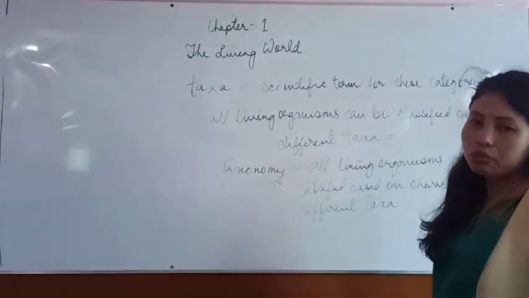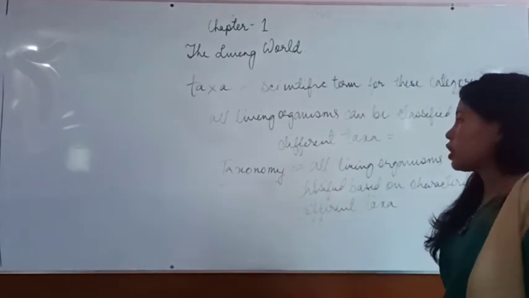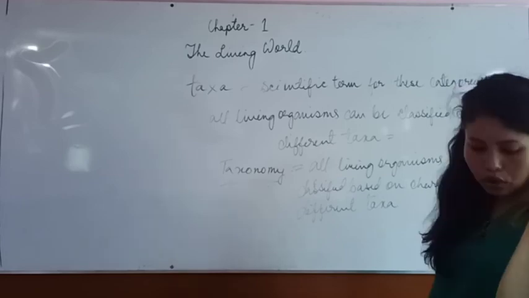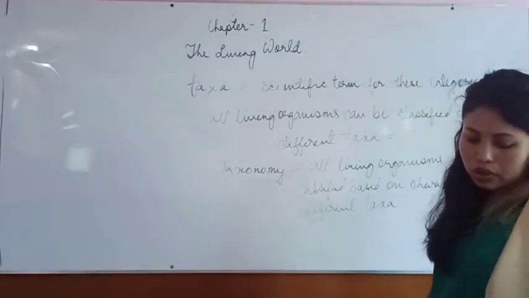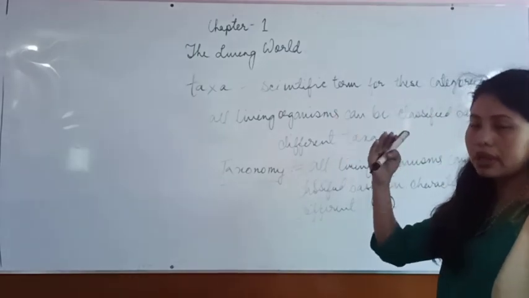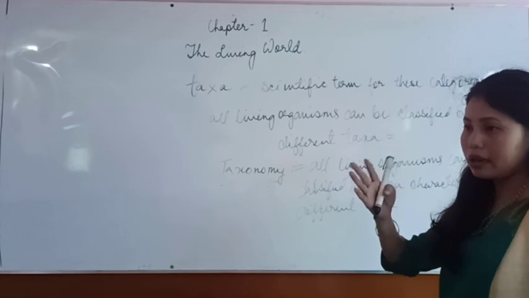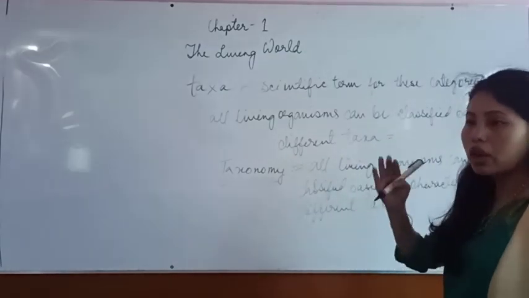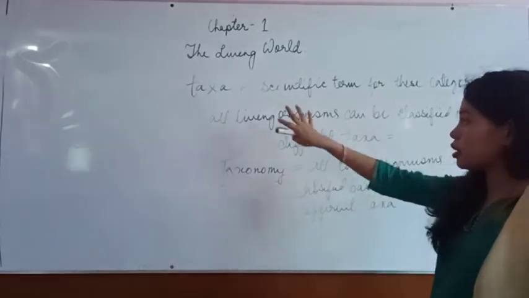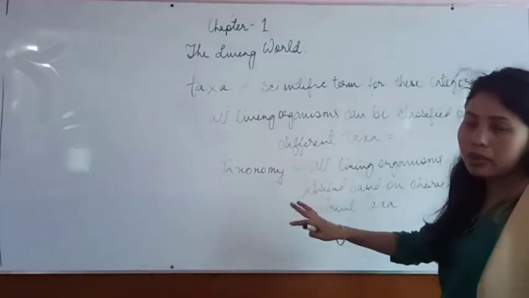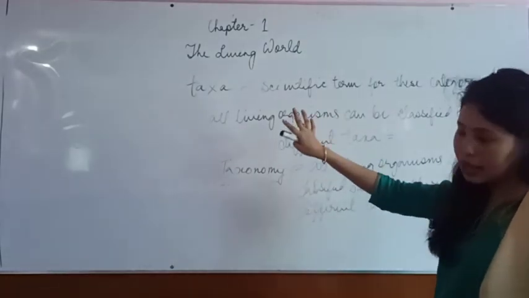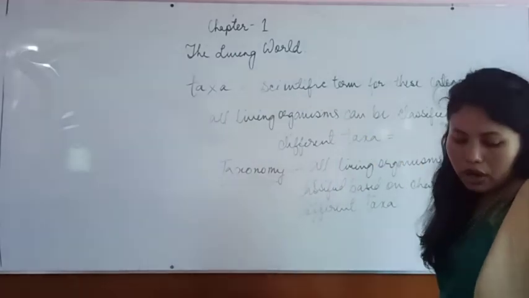So classification based on different taxa is called taxonomy. And what is taxa? Taxa is nothing but the scientific term for those categories. When we think about a dog, it is a dog. When we say mammal, then it's mammal. Then we think about animal, then animal. So animal, mammals, dog, they all have different characters. So that broadly divided character comes under taxa. So the observable category, the convenient category, is nothing but taxa. Taxa is a scientific term for categories.